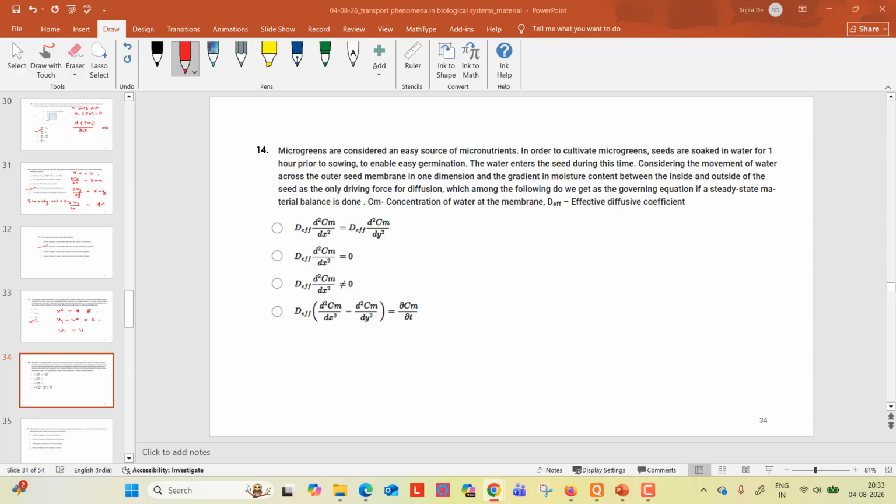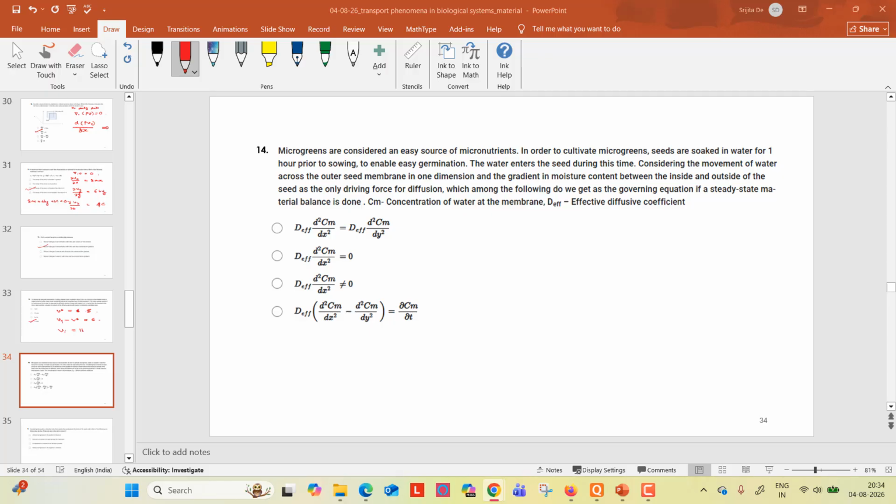Microgreens are considered an easy source of micronutrients. In order to cultivate microgreens, seeds are soaked in water for 1 hour prior to sowing to enable easy germination. The water enters the seed during this time, considering the movement of water across the outer seed membrane in one dimension and the gradient in moisture content between the inside and the outside of the seed as the only driving force for diffusion.